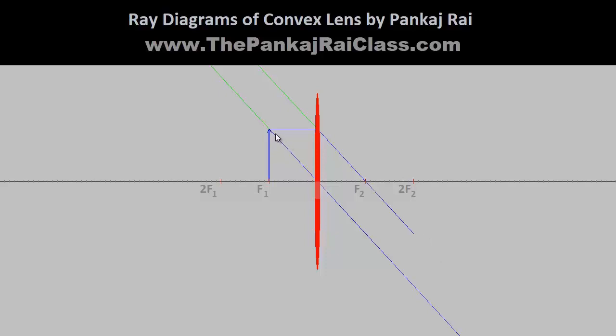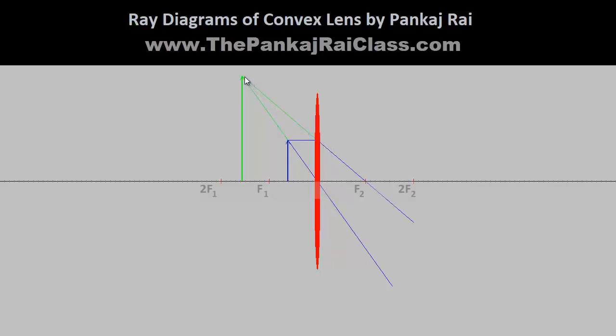Okay, now moving towards the last position, when the object is between f1 and optical center. Now if you see, when the object is between f1 and optical center, these two rays are actually diverging from each other, so they won't be meeting here, but it seems like that they are coming from this location.